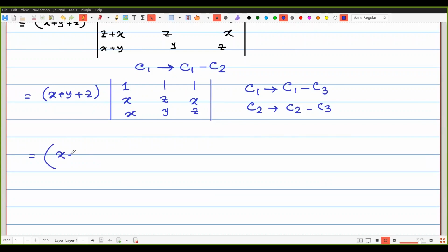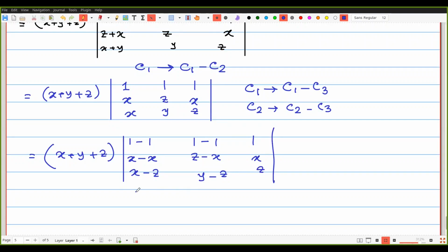So check x plus y plus z, as column 1 is changing. Column 1 is changing, so that is 1 minus 1. The second one, column 1 minus column 3, so that means x minus x, and that one, column 1 minus column 3, x minus z. Okay. For the column 2, 1 minus 1, z minus x, and y minus z. Third column remaining the same, 1 x z.